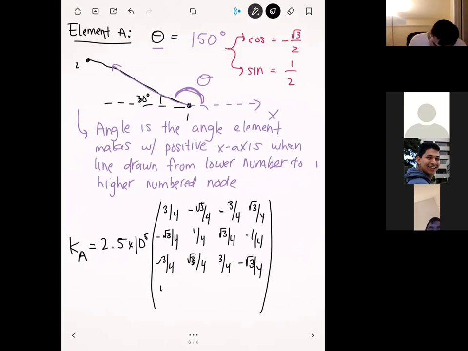And then we have root 3 over 4, minus 1/4, minus root 3 over 4, and then 1 over 4.